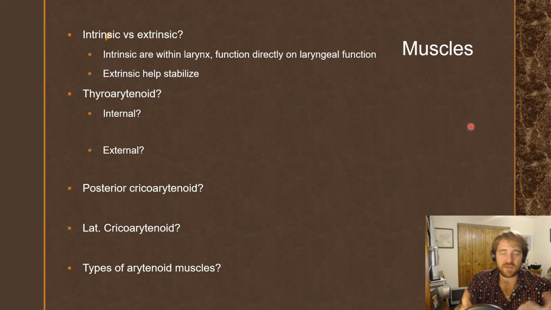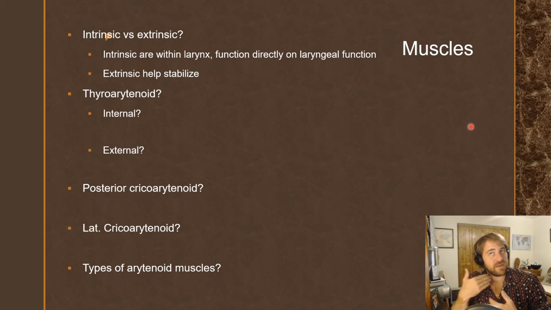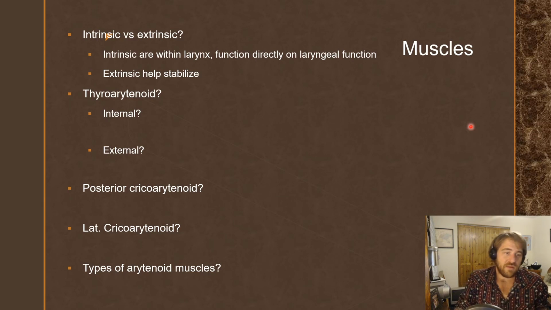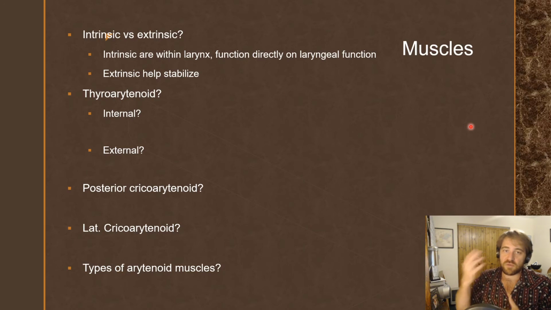Extrinsic muscles, these connect on one end to the larynx and on the other end outside the larynx. Intrinsic, everything's within the larynx. Extrinsic, there's one connection from outside the larynx and then one connection on the larynx. They usually help stabilize the larynx. So some will come down and stabilize against the chest. Some will come up and stabilize against the jaw, the floor of the mouth, the tongue.